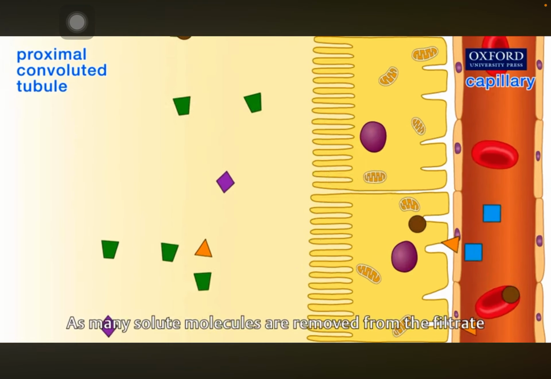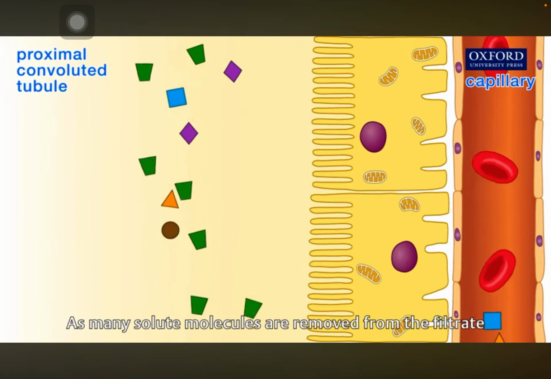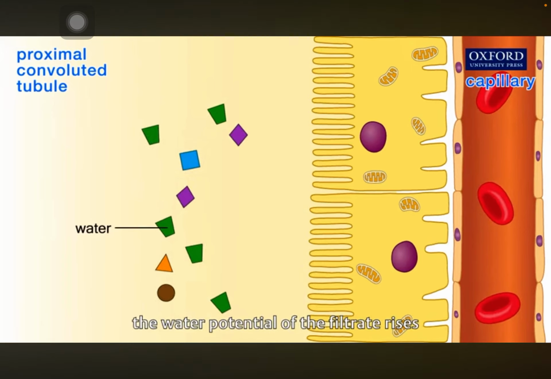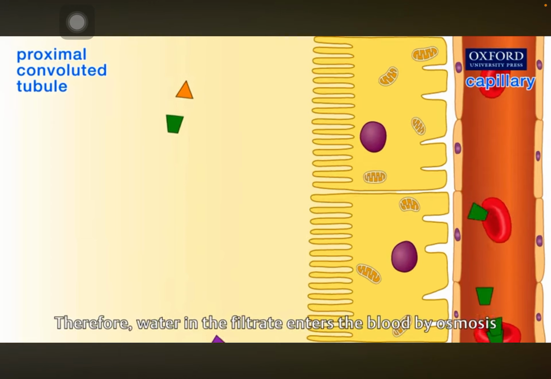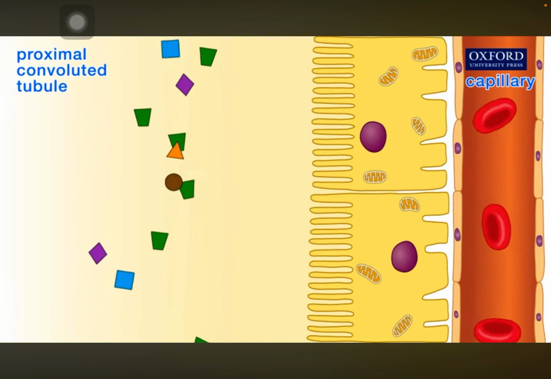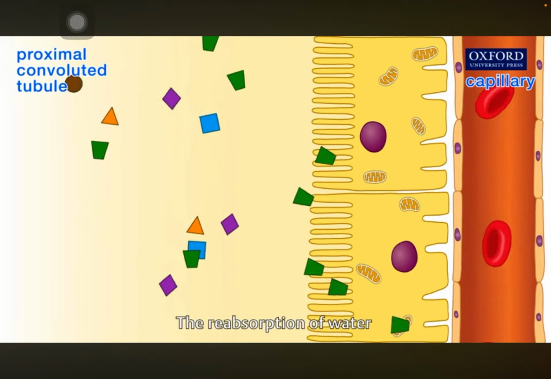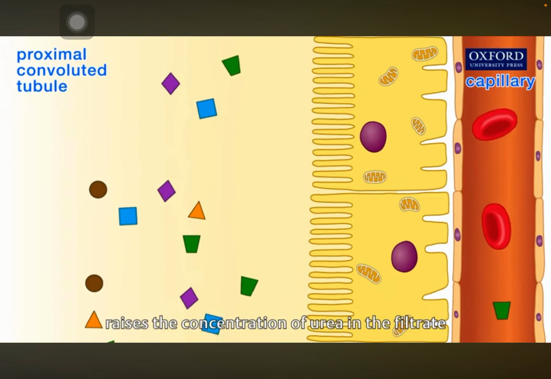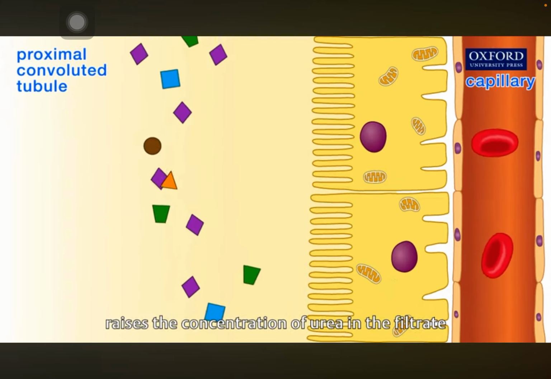As many solute molecules are removed from the filtrate, the water potential of the filtrate rises. Therefore, water in the filtrate enters the blood by osmosis. The reabsorption of water raises the concentration of urea in the filtrate.